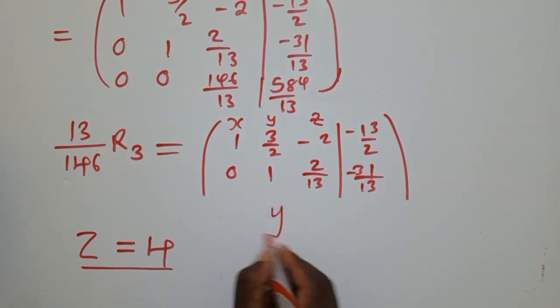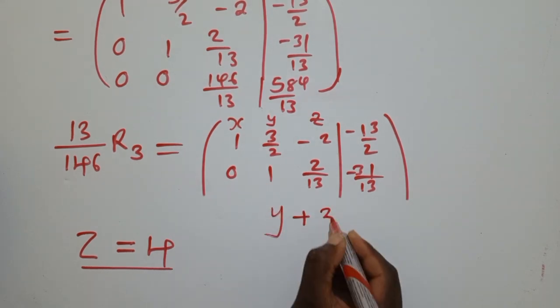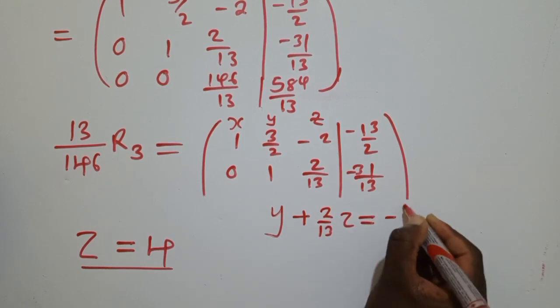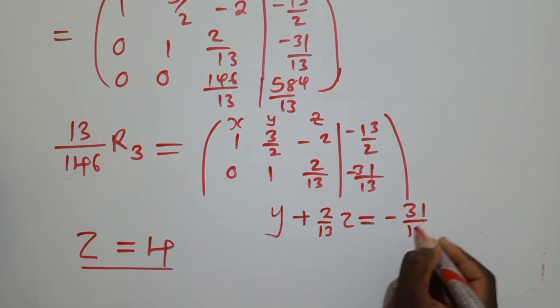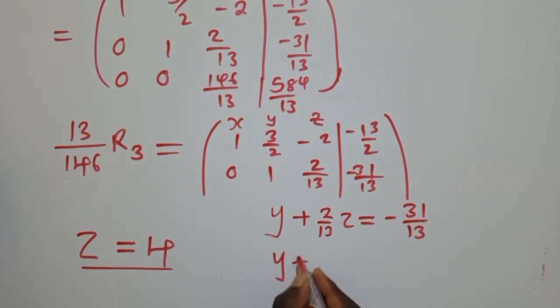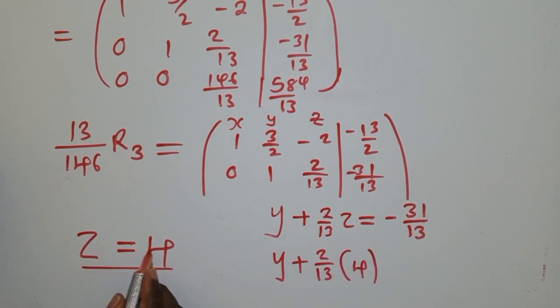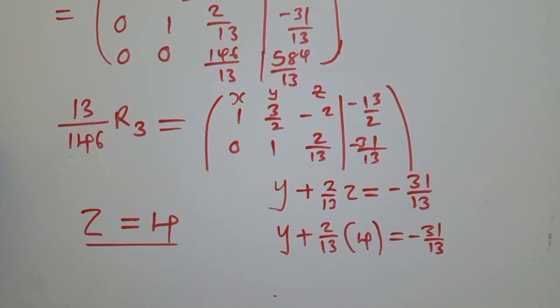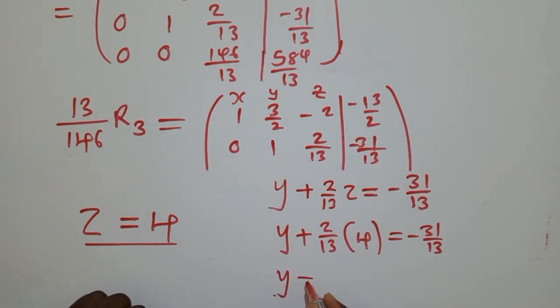So y plus 2 over 13 z is equal to negative 31 over 13. So y plus 2 over 13 multiplied by 4, z is 4, is equal to negative 31 over 13. So when we solve here, we are getting 8 over 13 is equal to negative 31 over 13.